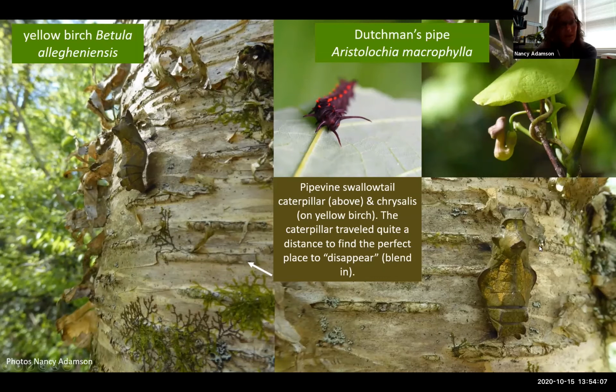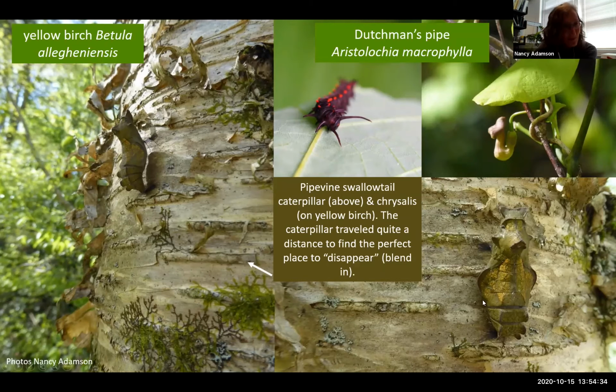So this kind of connection, you know, we talk about host plants. We never think about the host plant being where it places its chrysalis. But if you use an app like iNaturalist, and start documenting where you see a chrysalis and where you see any insect, you're going to help us understand connections like this one.